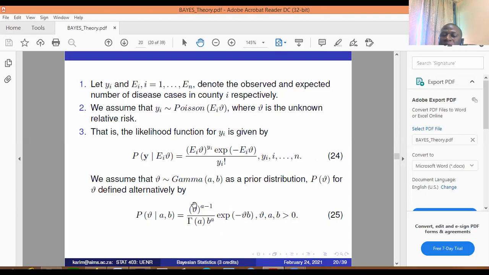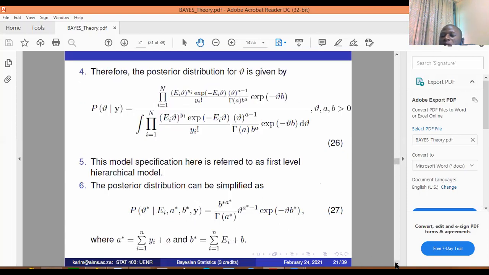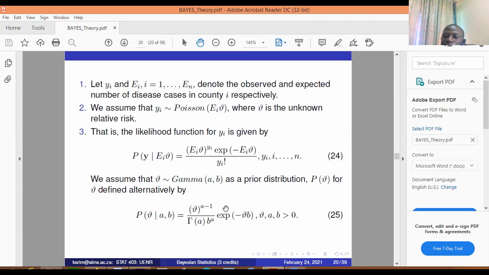And this is what we know. So that is the gamma. We've seen this distribution when we were dealing with a single variable or a single parameter, and we are seeing it here also. We are just replacing our X or our theta with this one here.